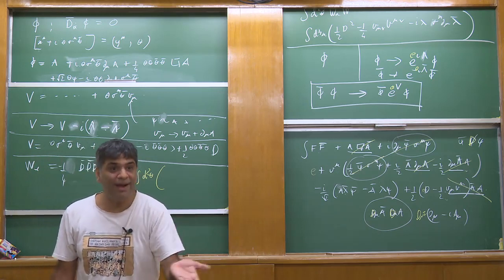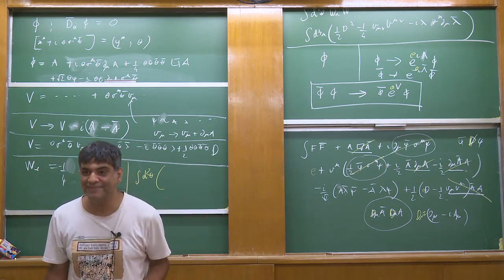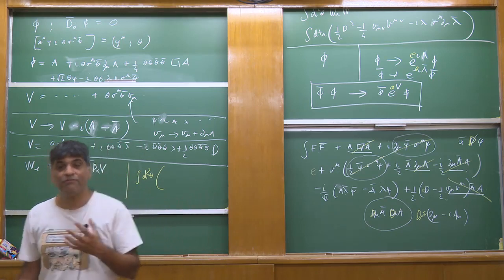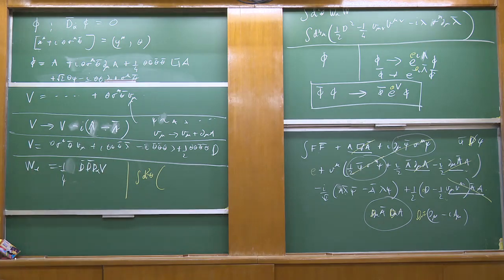So phi bar cannot be put inside your superpotential. So superpotentials are holomorphic. In field space, they're functions only of the complex coordinates, the phis, not of their complex conjugates, the phi bars. Already you're seeing that we get constraints from that.